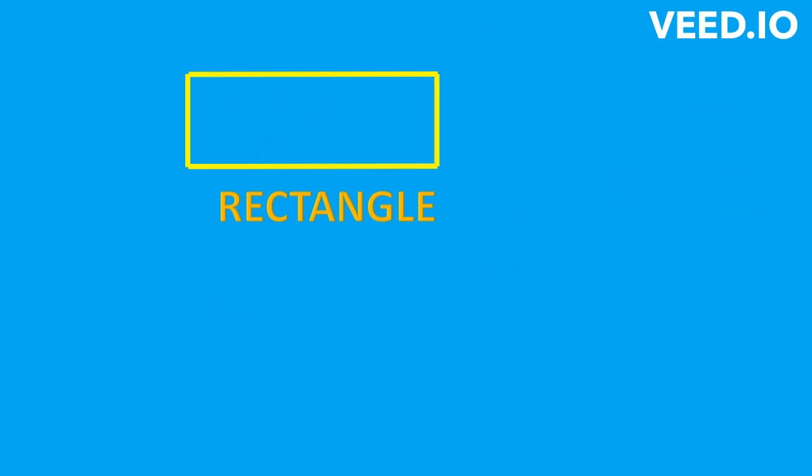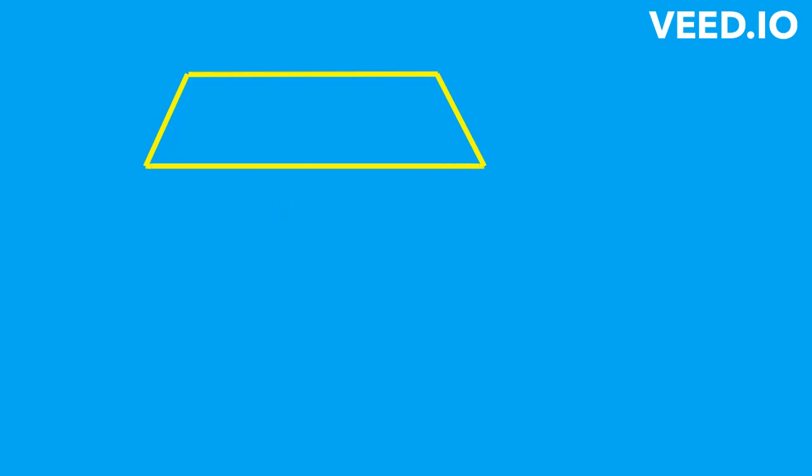Let's make this rectangle into a different shape. One set of sides are parallel and the other set of sides are not parallel with each other if you observe. This is a trapezoid or trapezium.